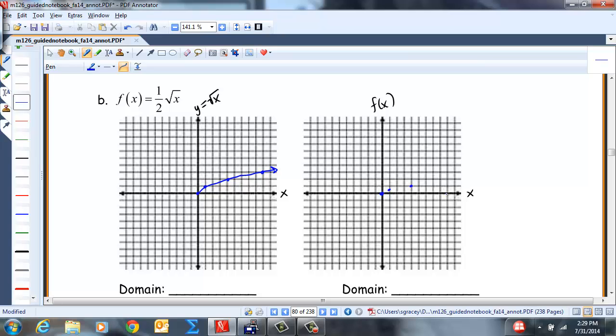And then instead of 9, 3, it'll be at 9, 3/2. So this one has been vertically compressed. Put the scale on there.